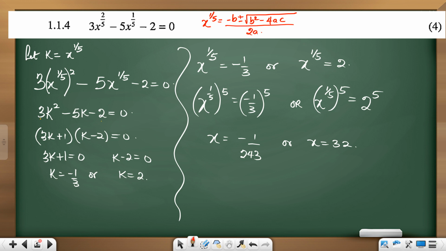I didn't say x. I said x to the power 1 over 5 because that is what I am using. That's what I'm solving for. All right? So if you do that, then you're also fine.